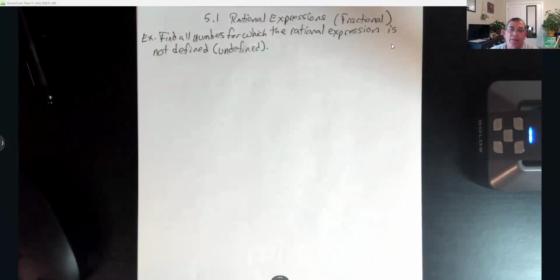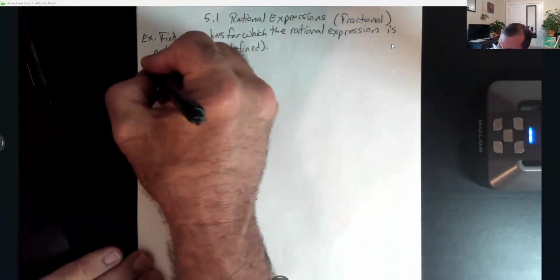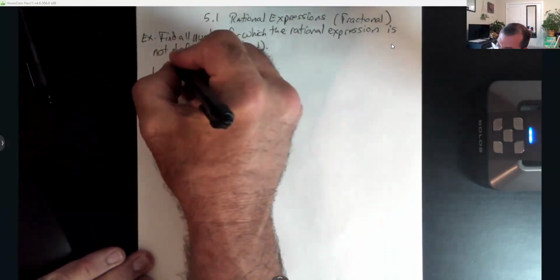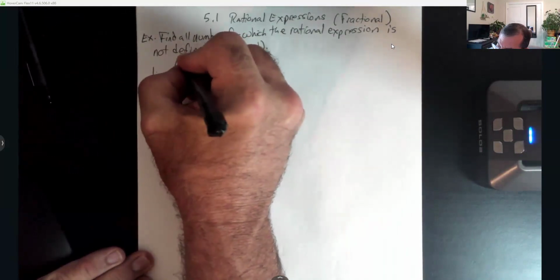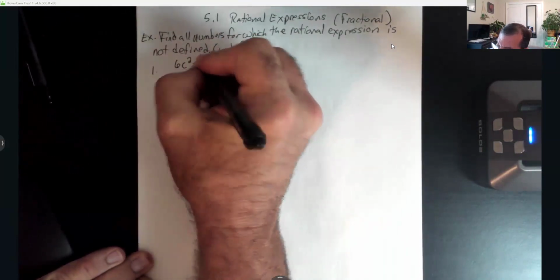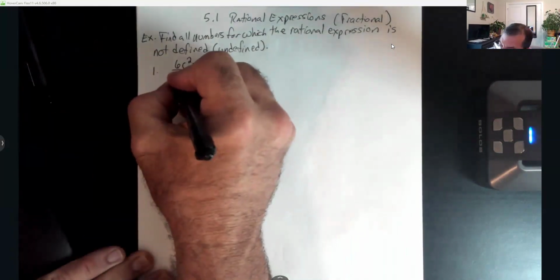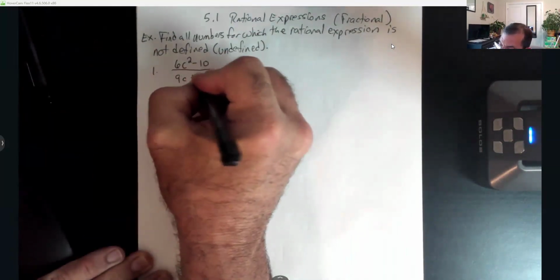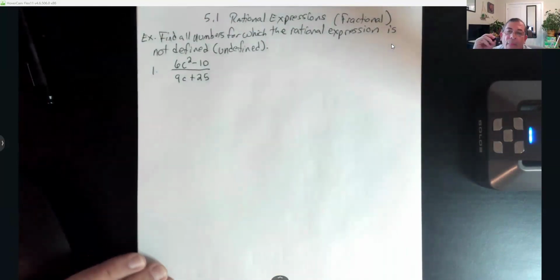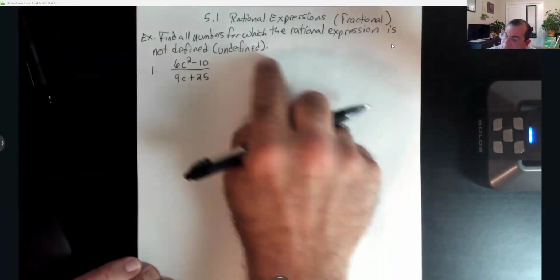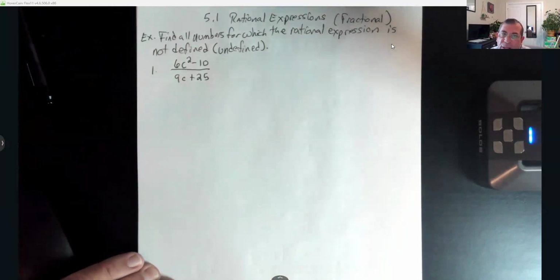Okay. So for number one, they're giving us 6c squared minus 10 over 9c plus 25. So this is what we had to do when we were actually finding domains.